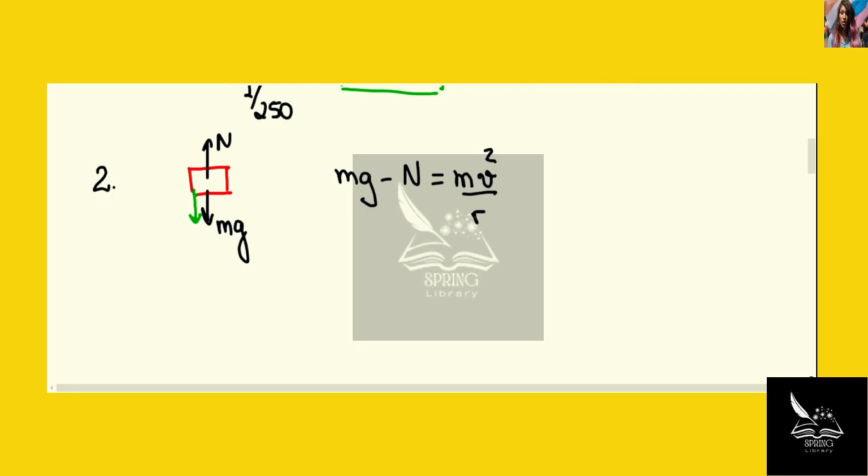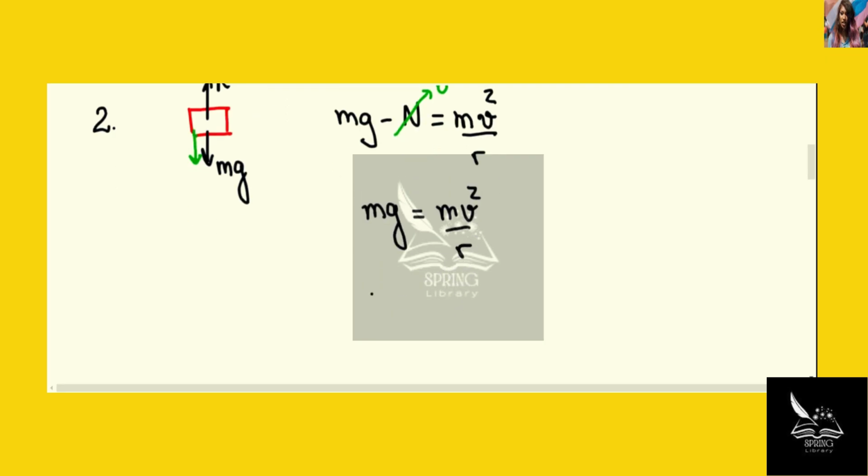Now, in order for the car to have contact with the road, n has to be greater than 0. So at the limit, we can consider the situation when n is equal to 0. In that situation, when the car is about to leave the road, we have mg equals mv squared over r, meaning that v squared is equal to gr, or v is equal to the square root of gr.